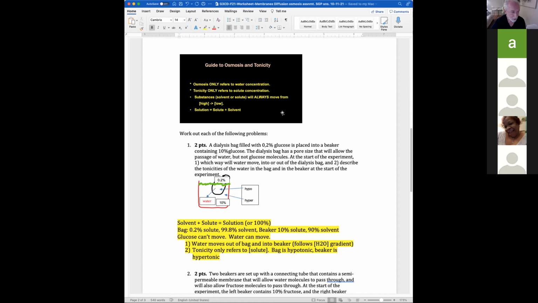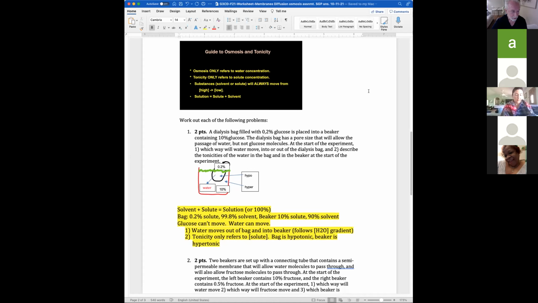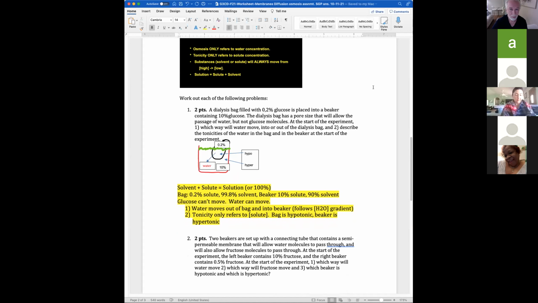So if you know the concentration of one, you immediately know the concentration of the other. So for example, if the solute concentration is 60%, then you immediately know that the solvent concentration is 40%, because the total always equals 100. So let's go through. There are three problems here.